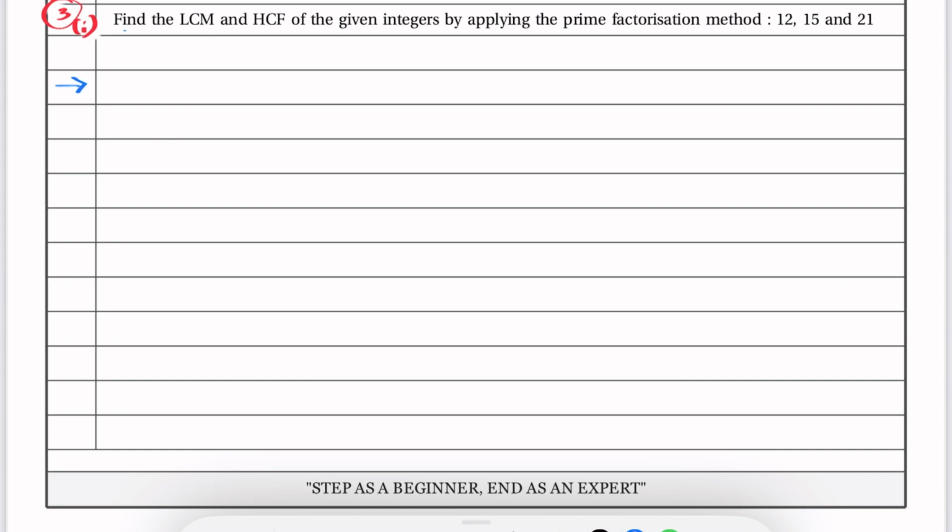For 12, 15, 21, as we do prime factorization, for 12 we have 2 times 6, again we do 2 times 3 and 3 times 1, so we can write 2 times 2 times 3, right?